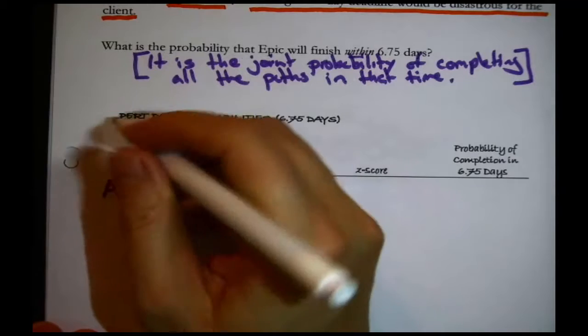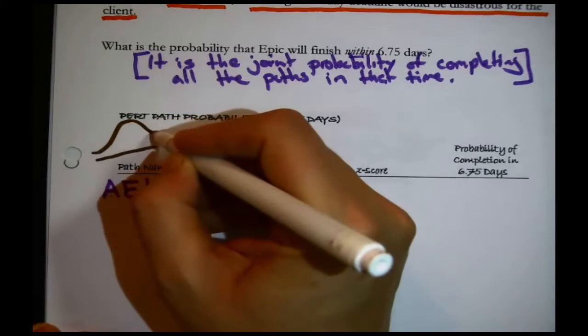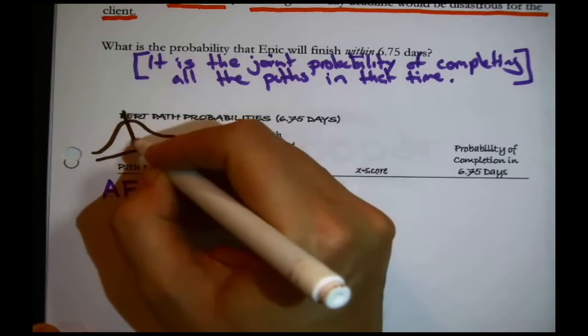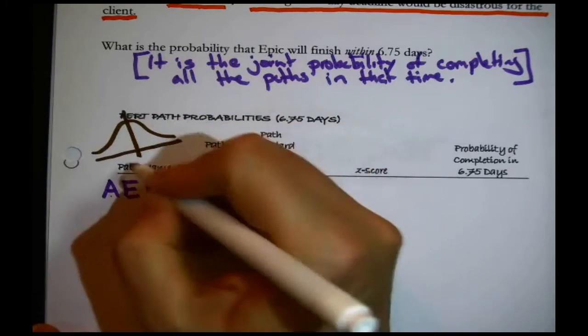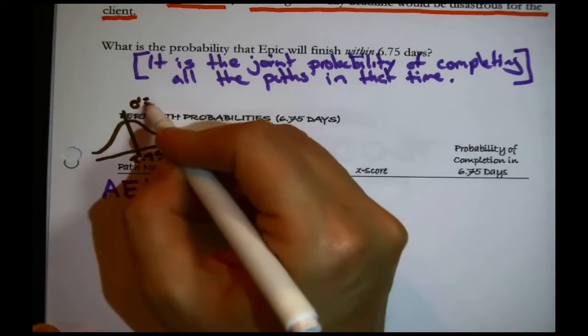Because remember, we believe that what actually happens once we complete tasks A, E, and I will follow a normal distribution of which that is the center, 2.75. But we're curious also, what is the standard deviation? How much wobble is there in reality?